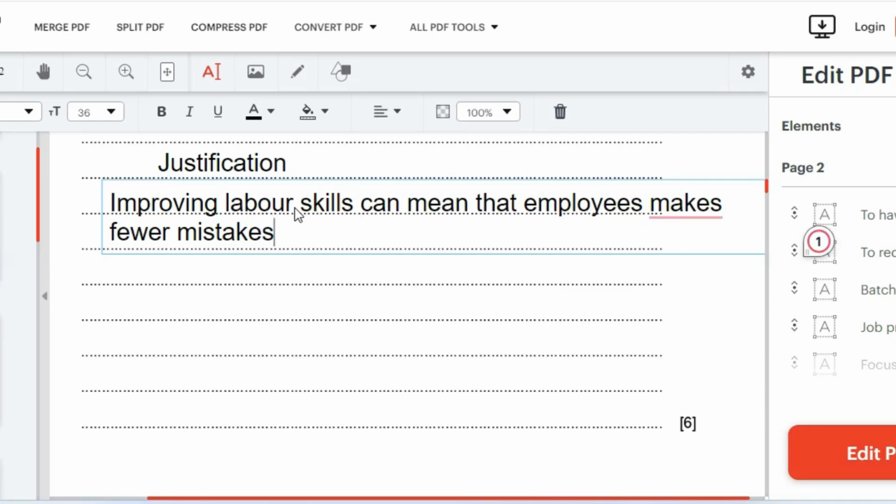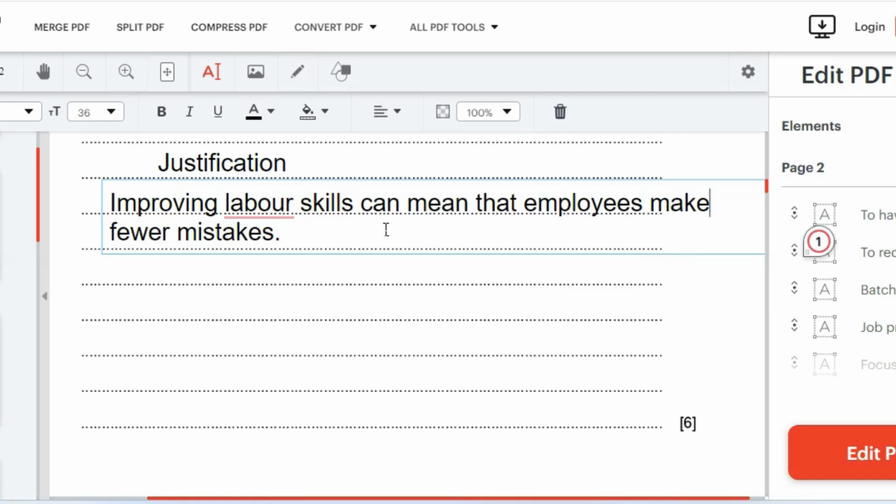Of course, we have mentioned this above, and it can also lead to less rework. All these are British English here. Improving labor skills can mean that employees make fewer mistakes.